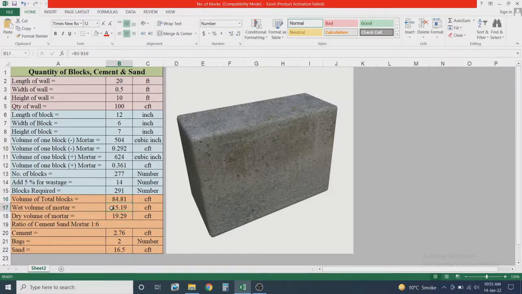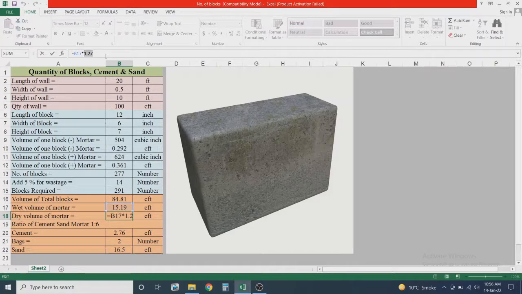Now I will calculate the wet volume of the mortar required for that particular wall. For this purpose, I will just subtract the volume of total blocks from the quantity of the wall. So this will give me the wet volume of the mortar. I will then convert this wet volume of the mortar into the dry volume of the mortar. For this, I will multiply by a factor which is equal to 1.27.